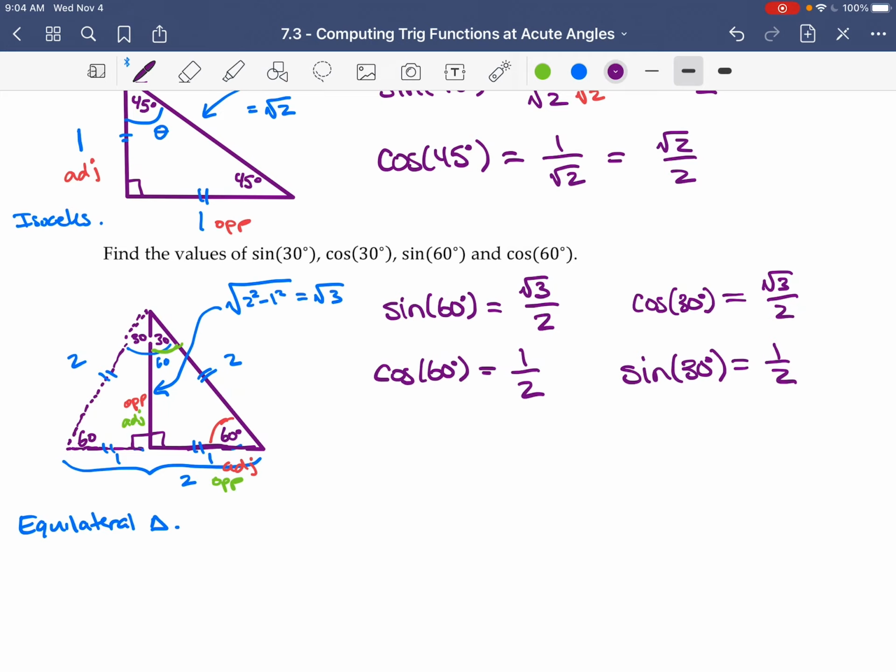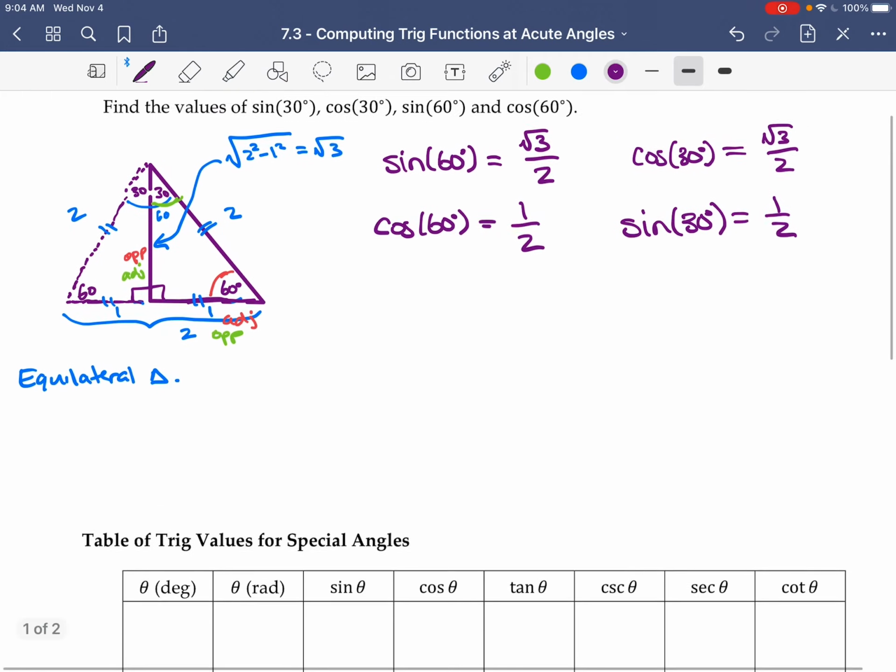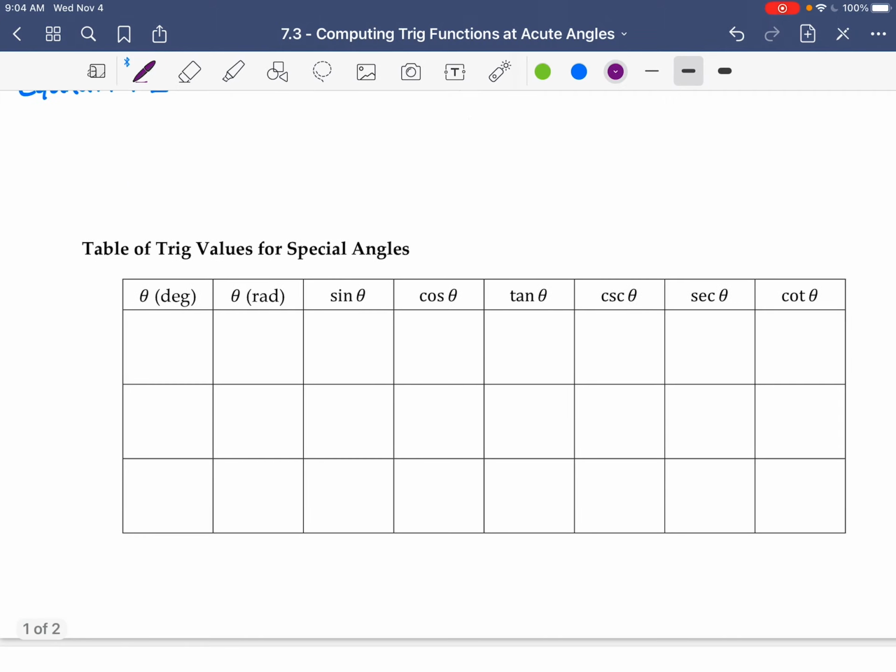Now once you have all of these, you can find all the other ones. So let's make a table with all of these. I'm going to do them in increasing order: 30 degrees, 45 degrees, and 60 degrees. 30 is equal to 180 over 6, 45 is 180 over 4, and 60 is 180 over 3. Why did I want to write that?